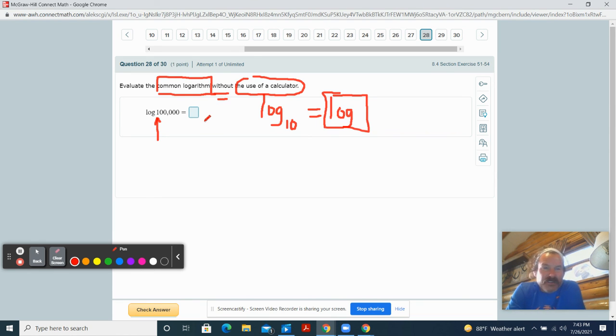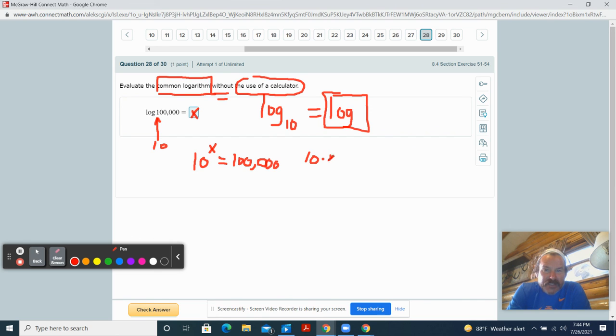But the way to do this is the same way. Let me write x here. Let me imagine that base is 10. So we write 10. We raise this to the x power. And this equals 100,000. So how many times do we have to multiply 10 by itself to get 100,000?